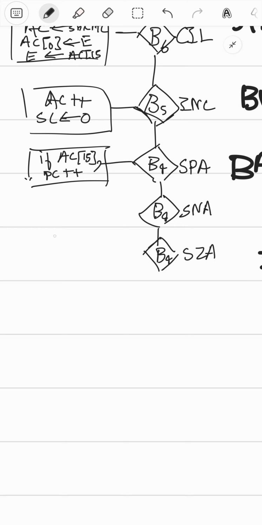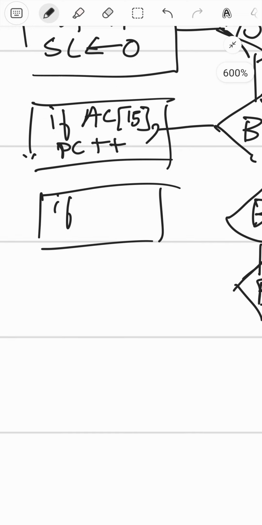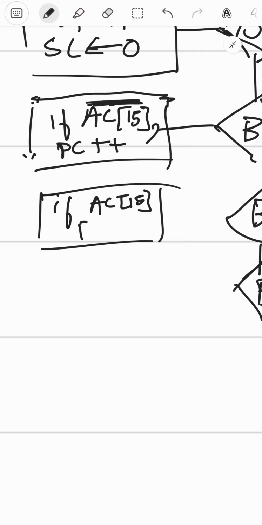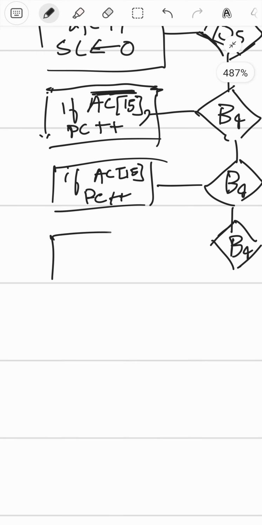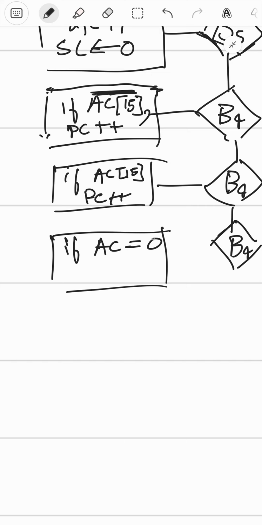So skip on negative is exactly like this, except this has to be 0. So if not, then it's a positive or non-negative number. Skip on 0 is slightly different: if AC is completely 0, like all bits of AC are 0, in that case increment PC.